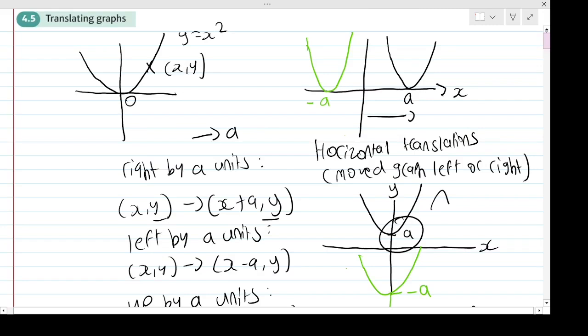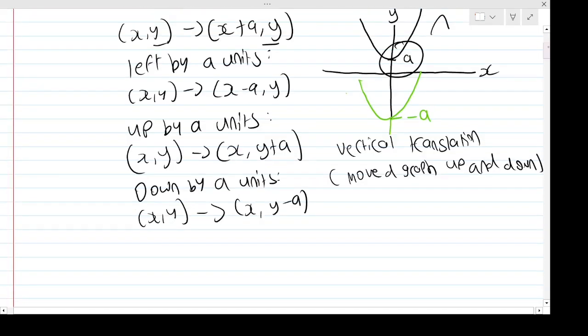That's how we shift these curves, by adding a number to the coordinates. If we want to move it along the x-axis, we add or take away a, depending on whether we want to move it right or left. Likewise, if we want to move it up or down, that affects the y values, because y acts up and down. We add or take away a to the y coordinates. That's essentially what's going on there.